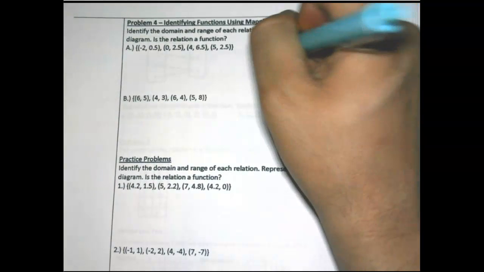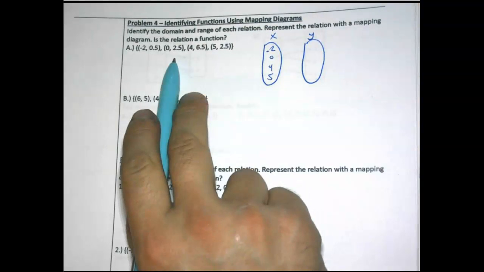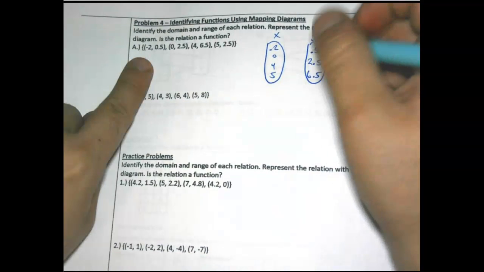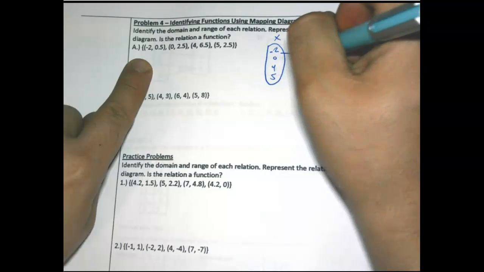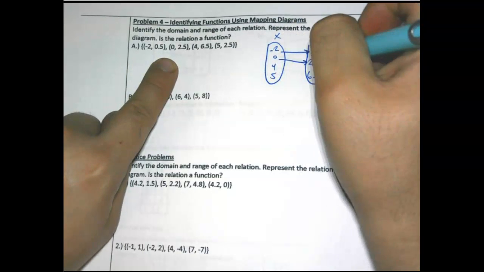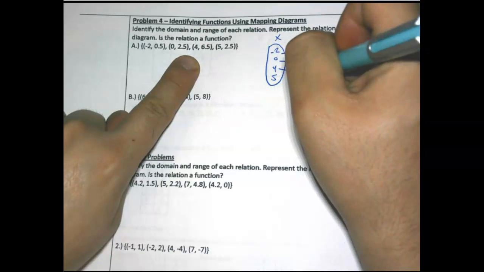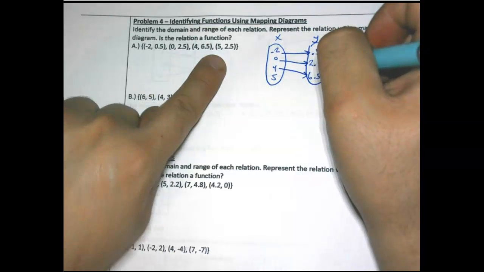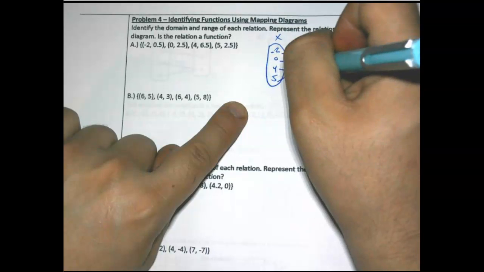Inputs: -2, 0, 4, and 5, and my outputs: 0.5, 2.5, 6.5. -2 goes with 0.5. 0 goes with 2.5. 4 goes with 6.5, and then 5 goes with 2.5.